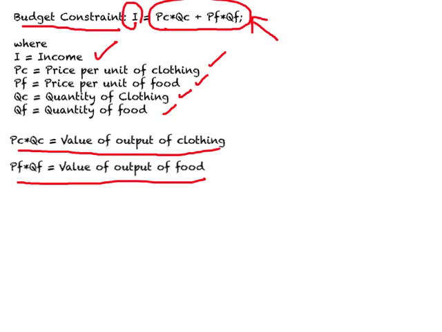And in terms of budget constraint, we need this to be equal to income. So just remember, whatever is the value of output produced in an economy, that will equal our income, and that's how we determine income of a country.